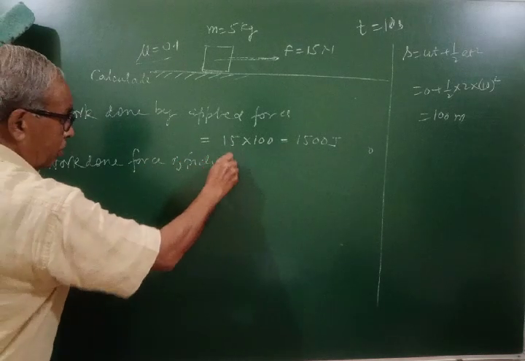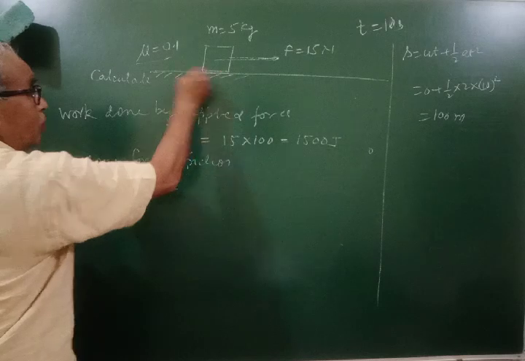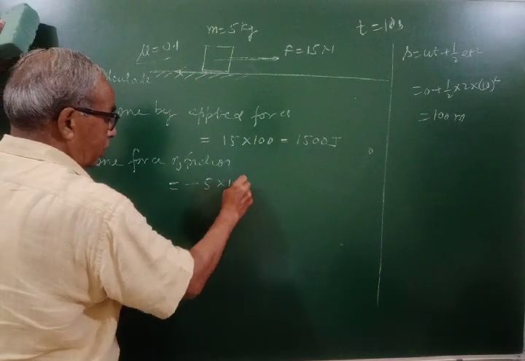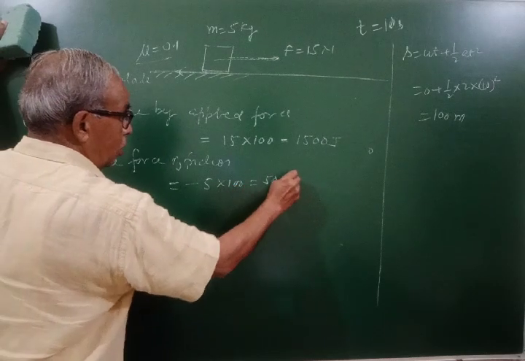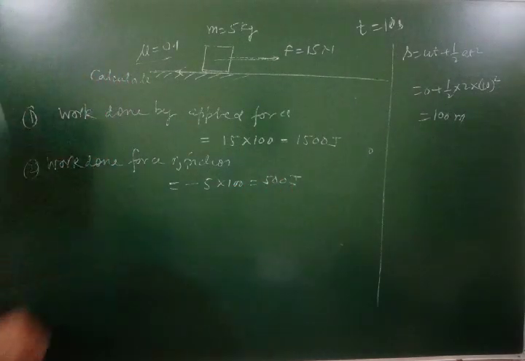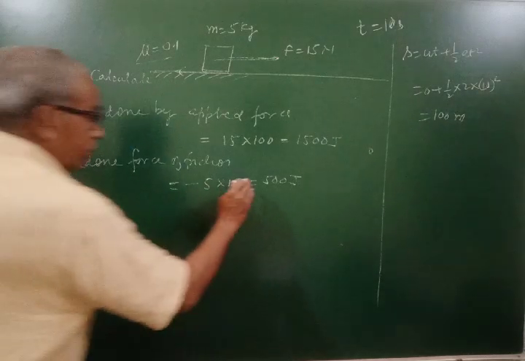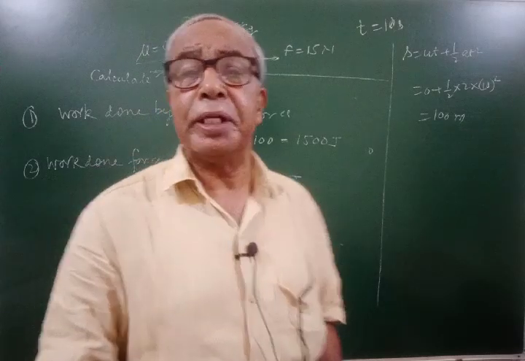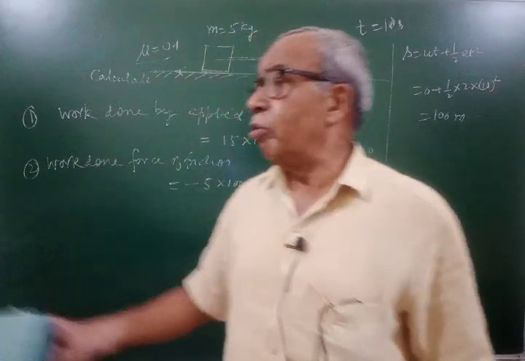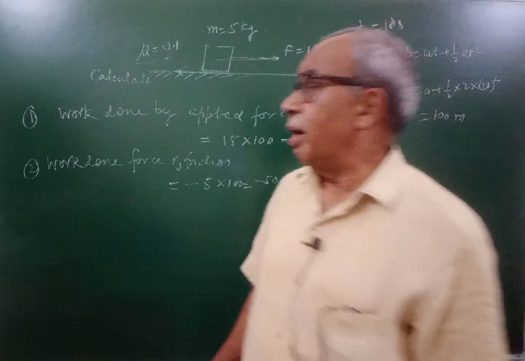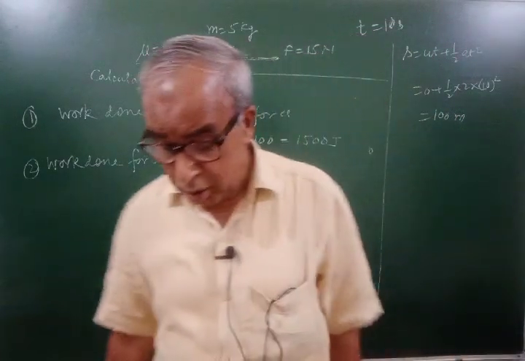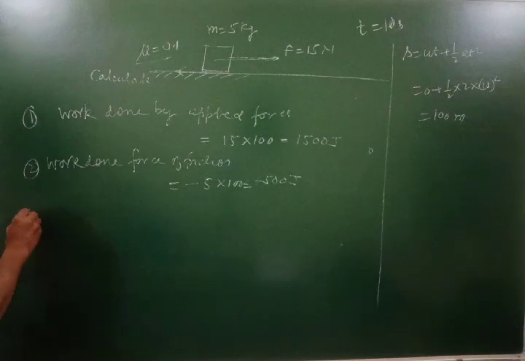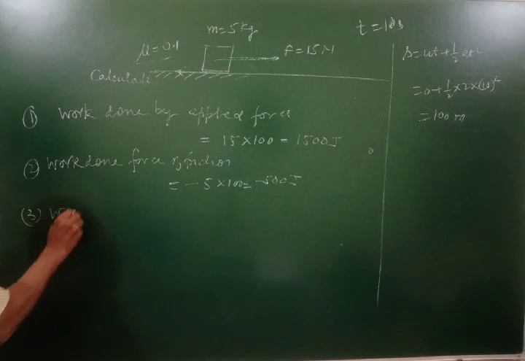Force of friction is opposite to displacement, so it is minus. That was 5 into 100. So 500 joule is the work done by force of friction, minus. And negative work actually is lost in the form of heat and sound. When a body moves on any surface, like when a car moves, then heat and sound are also produced.